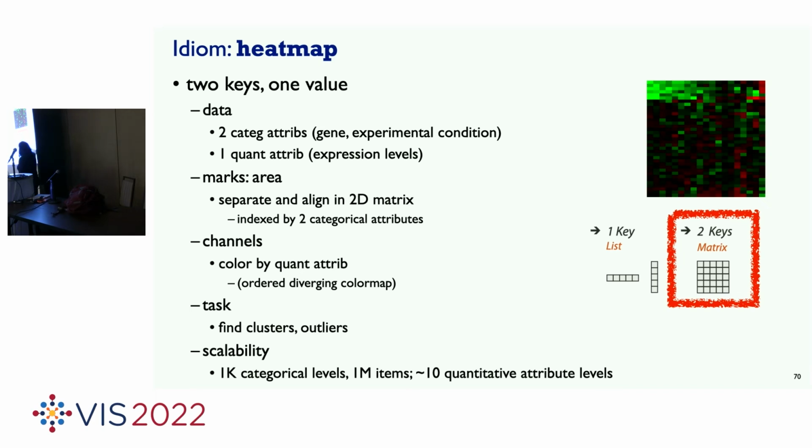So we only have about 10 levels of this quantitative attribute. Whereas before I said when we were doing things like bar charts, we could tell maybe the difference between hundreds because we had that really high precision ability to see different aligned spatial positions. We have a much lower precision ability to see these saturated colors. So that's this asymmetry that lets us really think about the differences between some of these attributes.